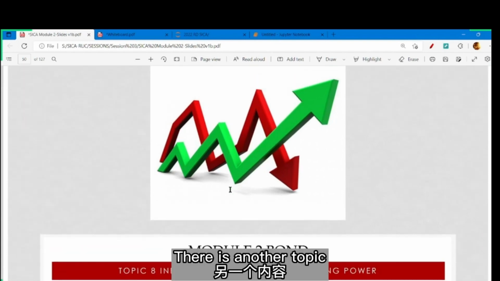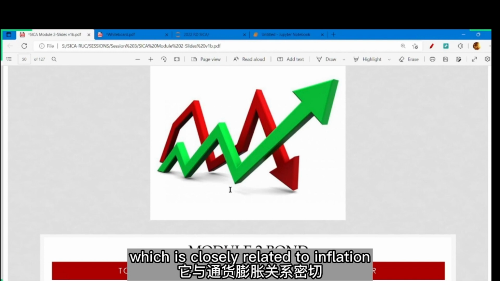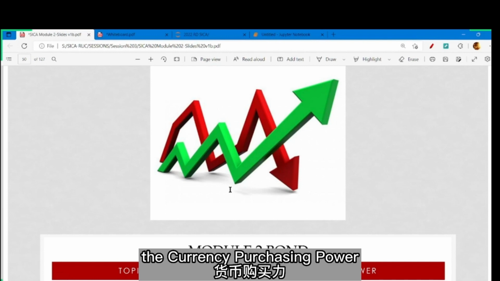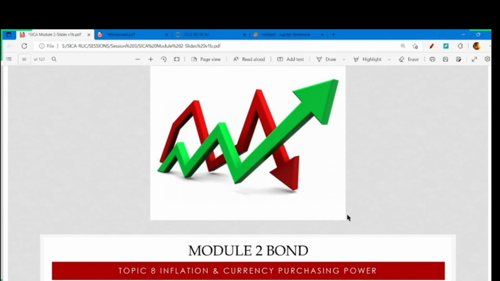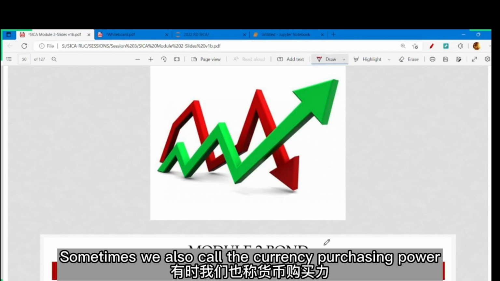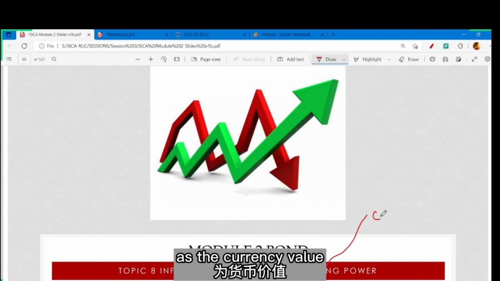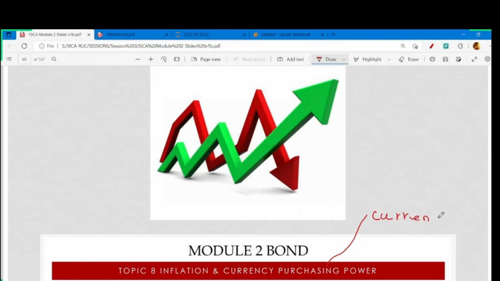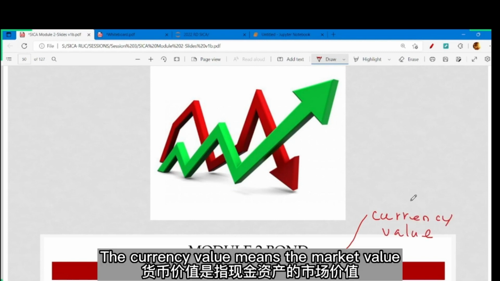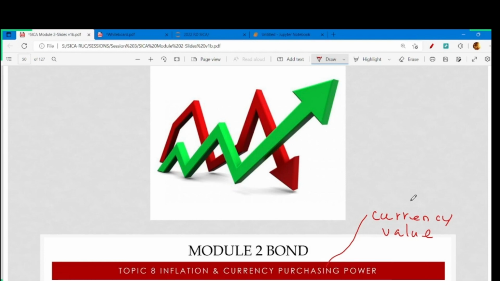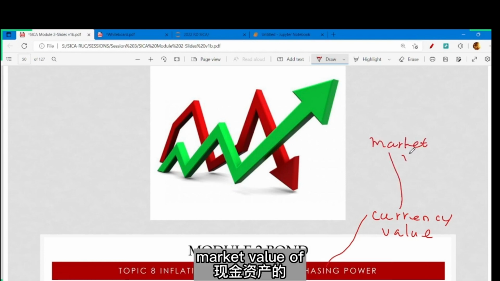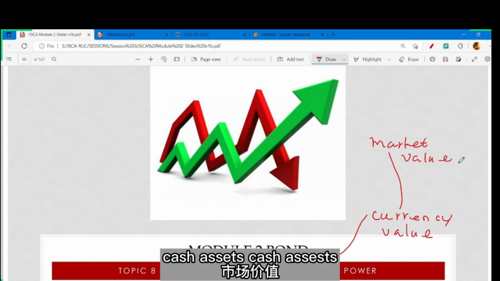There is another topic which is closely related to inflation, the currency purchasing power. So sometimes we also call the currency purchasing power as the currency value. The currency value means the market value of cash assets.